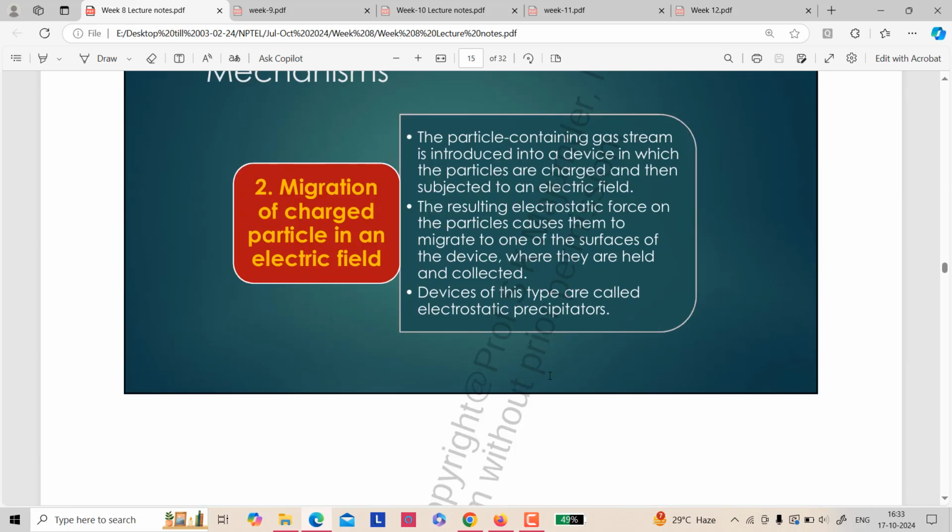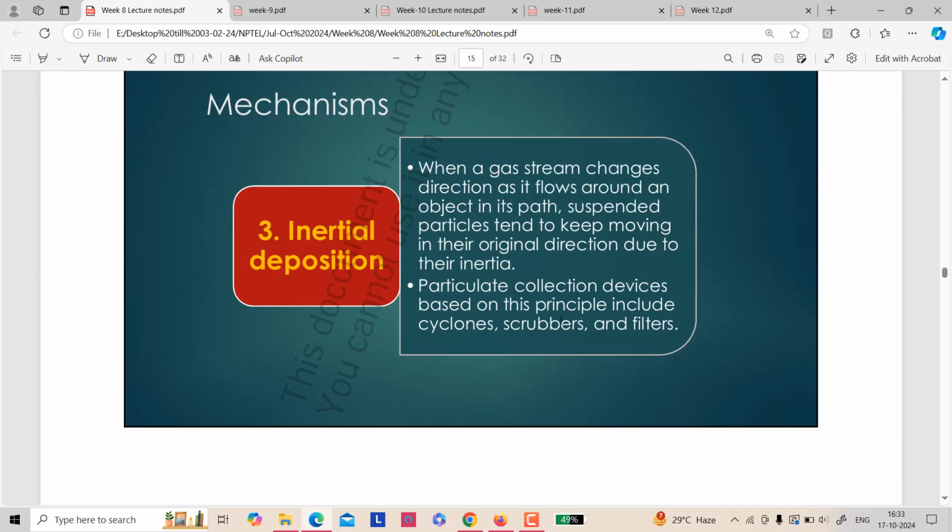Next one is the migration of charged particles in an electric field. The particle-containing gas stream is introduced into a device in which the particles are charged and then subjected to an electric field. So the separation happens due to the difference in the electric field potential. Next one is inertial deposition.